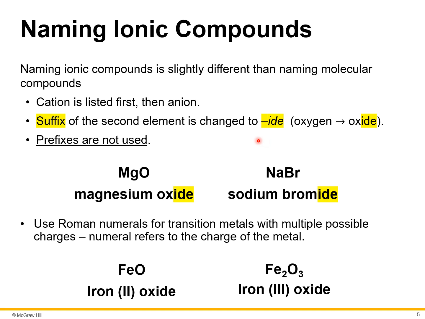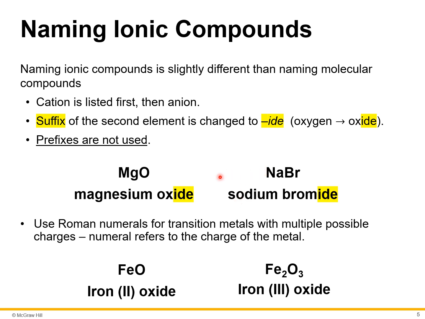For instance, sodium chloride, which is NaCl, the chloride gets the ending -ide. Just like with covalent compounds, carbon dioxide, the -ide gets the ending. It goes from -ine to -ide.